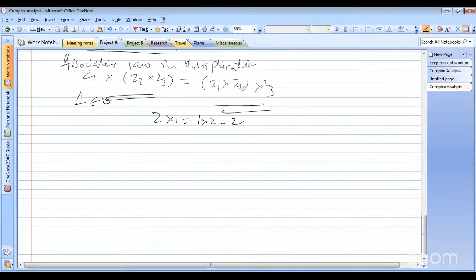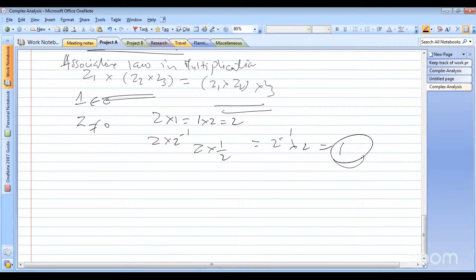Then the existence of the multiplicative inverse of non-zero elements, that is z not equal to 0. So z into z inverse, you know, means z into 1 by z, and z inverse into z is equal to 1. There is a non-zero inverse we are taking here.